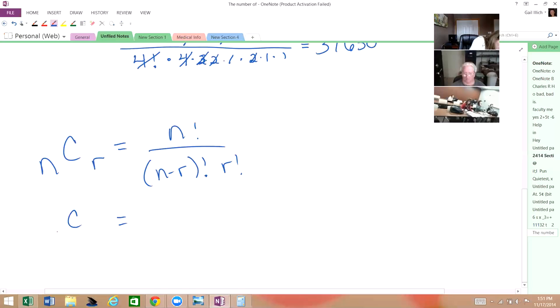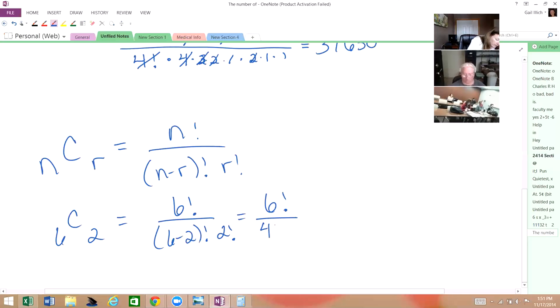All right, so I'll make this a 6 and make this a 2. So 6 factorial over 6 minus 2 factorial times 2 factorial. So this is 6 factorial over 4 factorial times 2. So I just start going down until I get to 4 factorial.